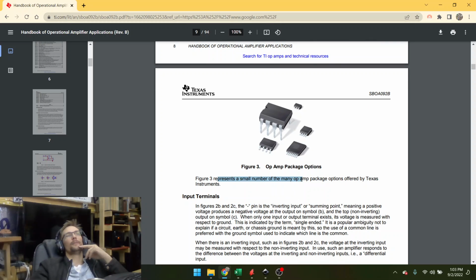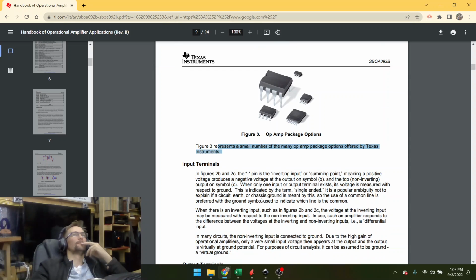This represents a small number of the many op-amp package options offered by Texas Instruments.